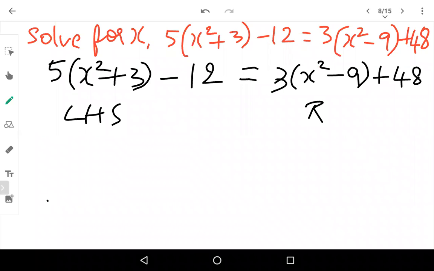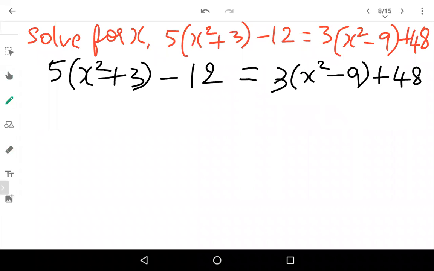This is the RHS of the equation. What is LHS? Left hand side of the equation. What is RHS? Right hand side of the equation. Now let us start simplifying from the LHS.